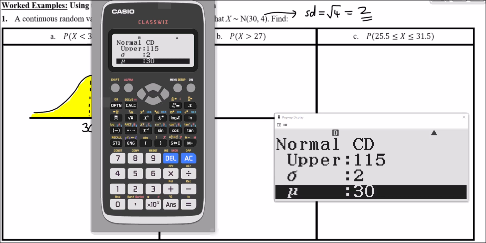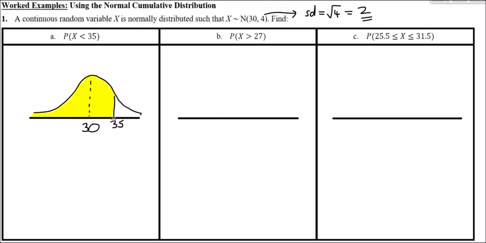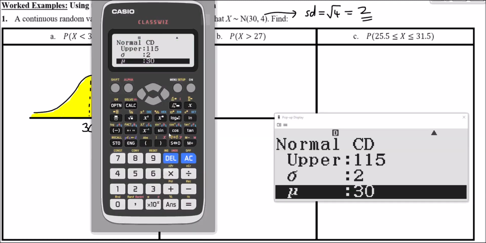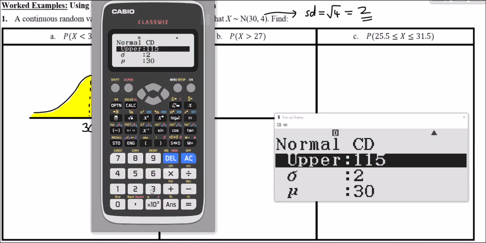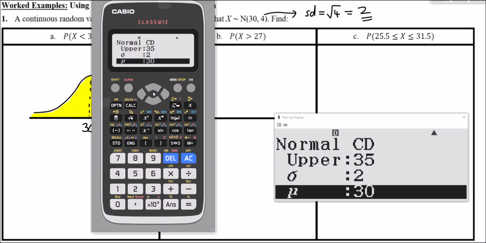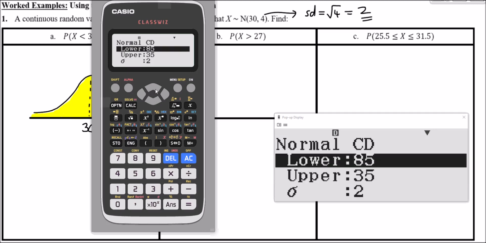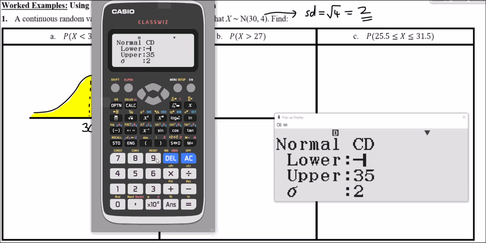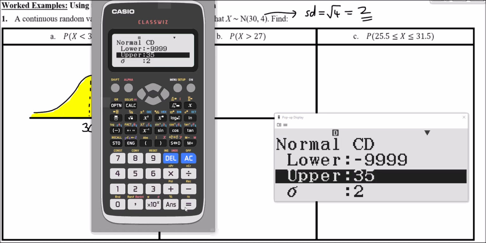Here, the upper bound, the bigger number, is 35, so the upper limit is 35, and we don't have a lower limit, so we just fill in a value for the lower, which is as low as you dare go. So I'm just going to type minus 9999. As long as it's at least 5 standard deviations away from the mean on the low side, you're fine. I'm always in the habit of typing in a massively negative number. So press that in, press equals.